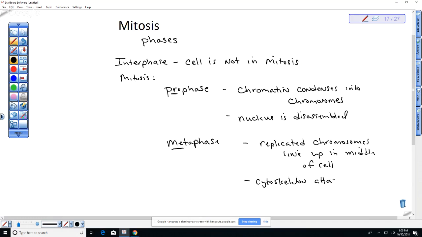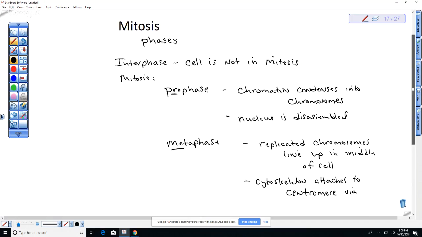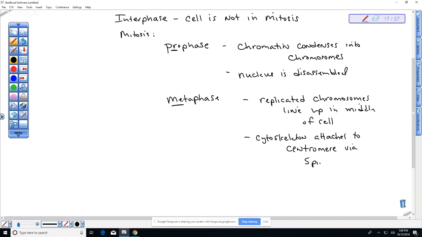That's the middle of my chromosome. And this is actually what is going to pull the chromosome apart. So that is what happens in anaphase: pulling apart of the chromosomes.